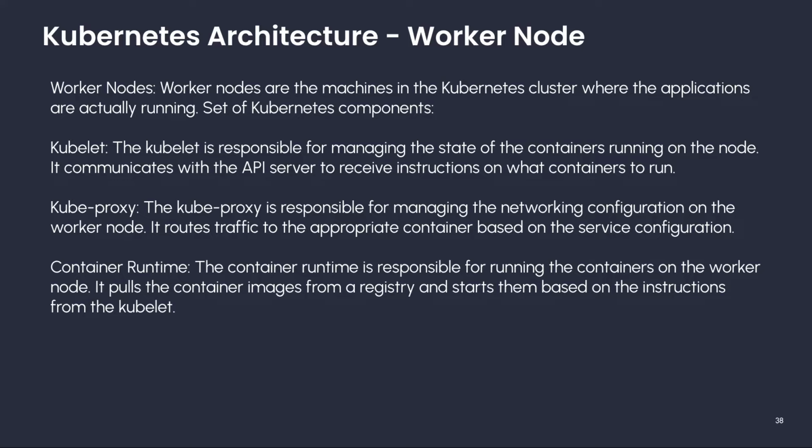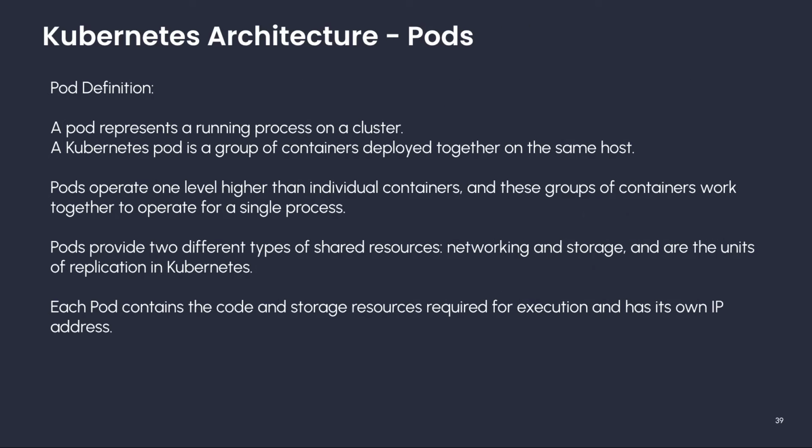Kubelet is managing the state of container, so the container state Kubelet handle करतो, and it communicates with the API. Then kube proxy हा virtual network setup करतो त्या virtual container साठी. And then we have our container runtime, जिकडे containers actually run होतात. So that was those things.